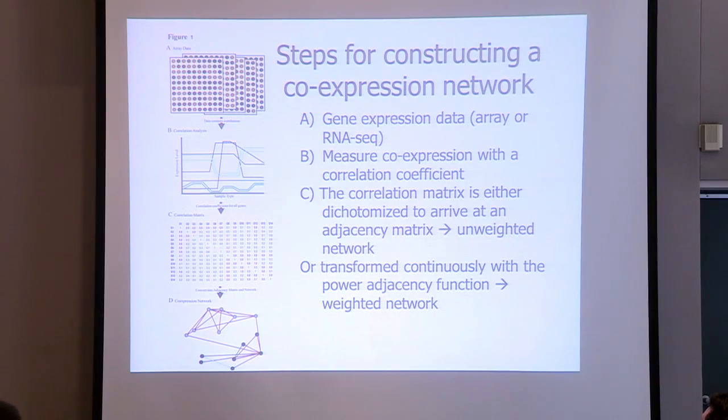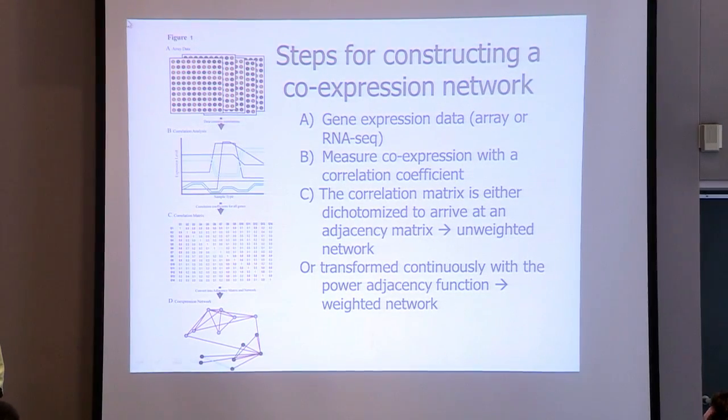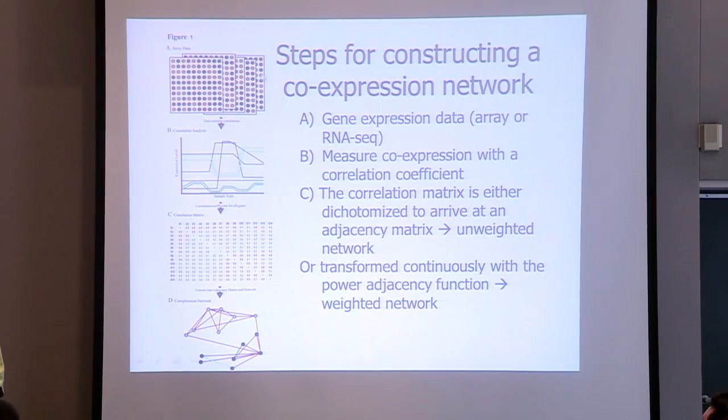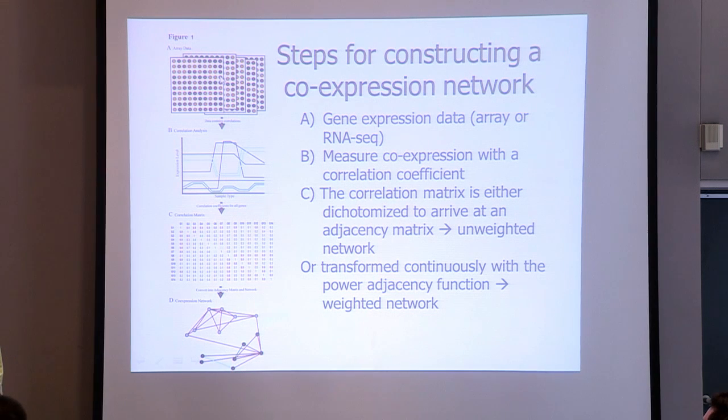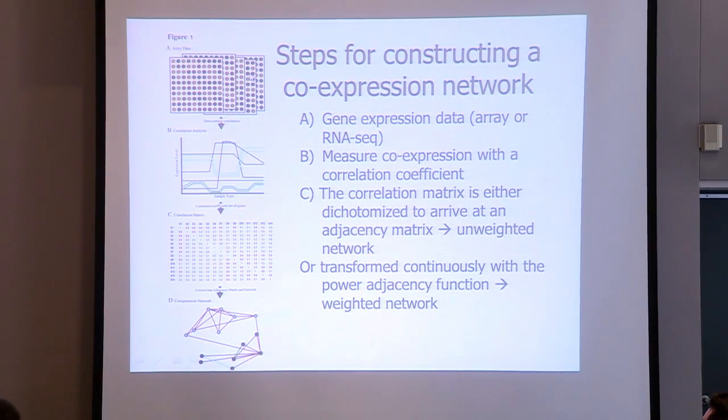So, for example, when we start out with multiple microarray data, but it could be again RNA-seq data, but multiple samples, then let's say we focus on two genes, and we plot their gene expression levels here on the y-axis versus the different samples. Let's say we have 50 samples.